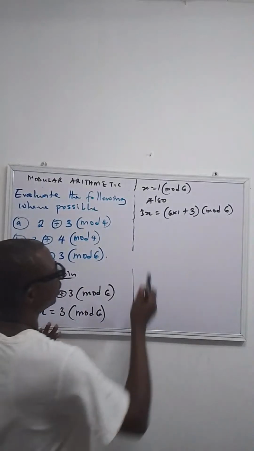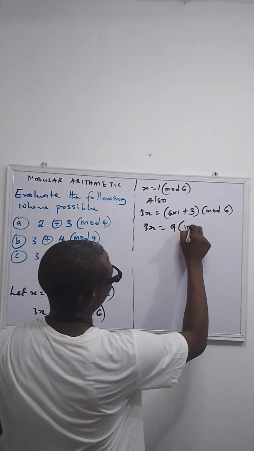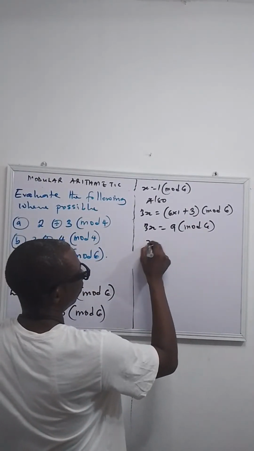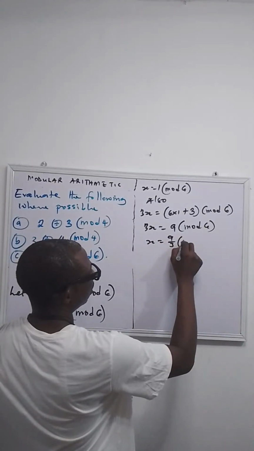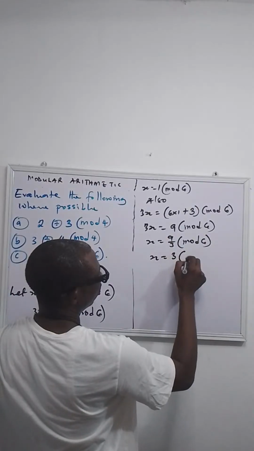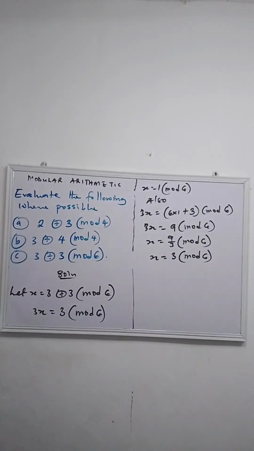So now this gives us what? 3x equals 9 mod 6. So we now divide both sides by 3. So we have x equals 9 over 3 mod 6. And then we have x equals 3 mod 6. So that's the answer.